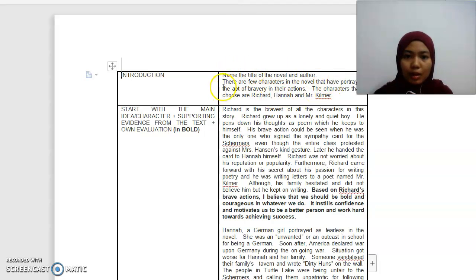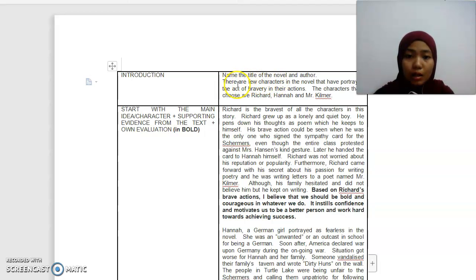For instance, in this example, it says that there are a few characters in the novel that portray acts of bravery in their actions. The characters that I chose are Richard, Hannah, and Kilmer. Make sure that you focus on the pronoun as well.